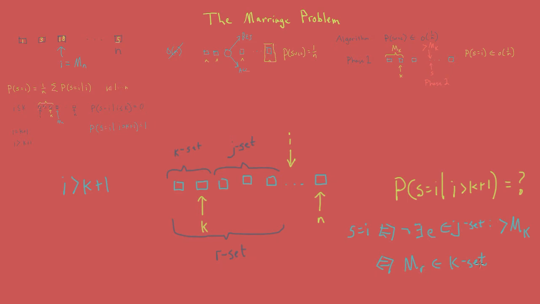It turns out the probability of this event is very straightforward to answer. So the probability that the greatest element in the R set is contained in the K set is simply the probability that an arbitrary element from the R set, namely m sub r, is contained in a subset of R. So it will be the ratio of the size of the two sets.